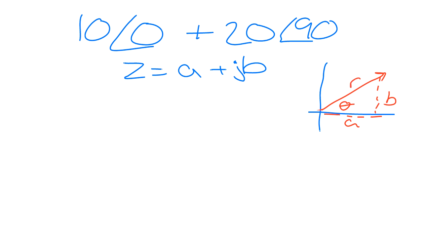So from that, we can derive the formula for finding what these components are, the x component and the y component, or in this case, the a component and the b component, if we make this the j vector and this the a vector.